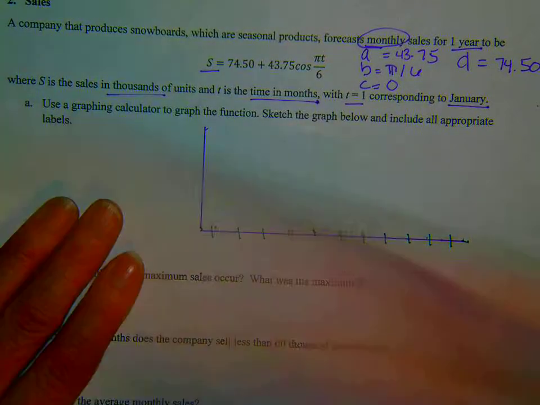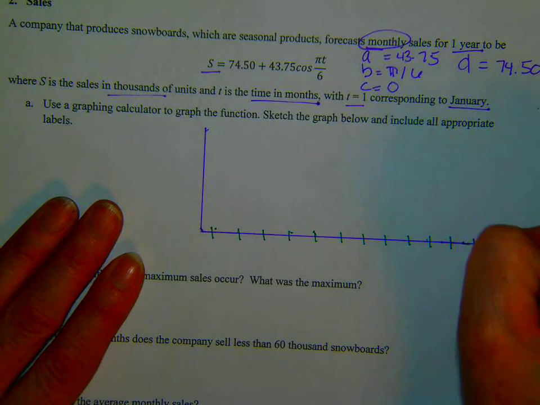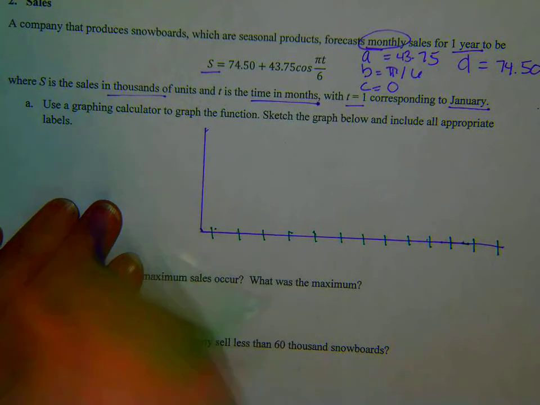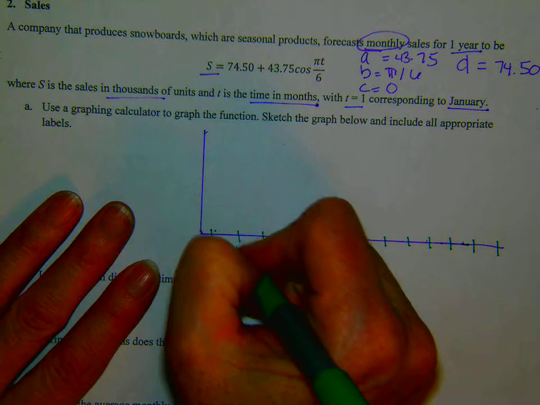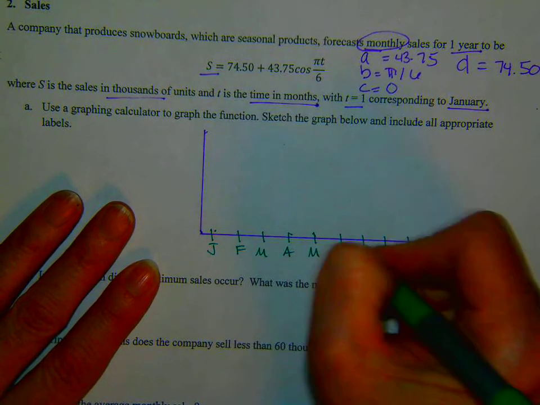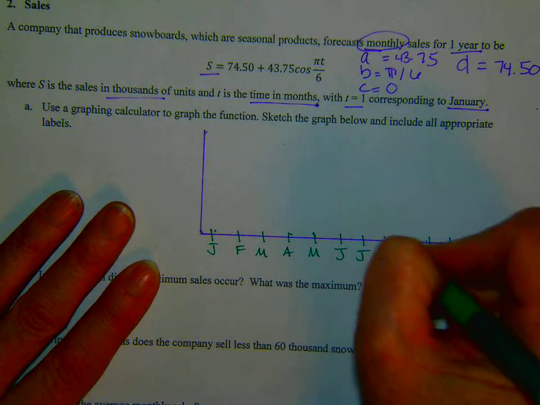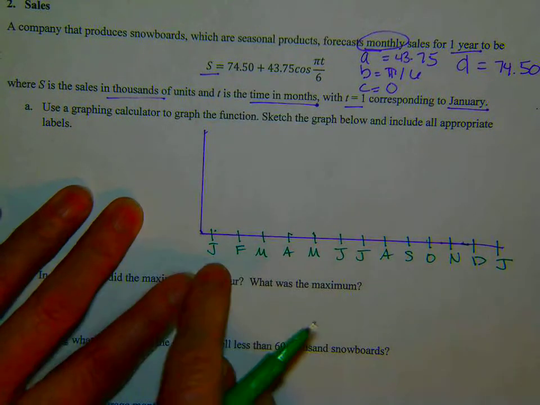I'm going to extend this a little bit. December, January. That's going to be 1 full year. So let's just do that. January, February, March, April, May, June, July, August, September, October, November, December, January. T equals 1 is January.